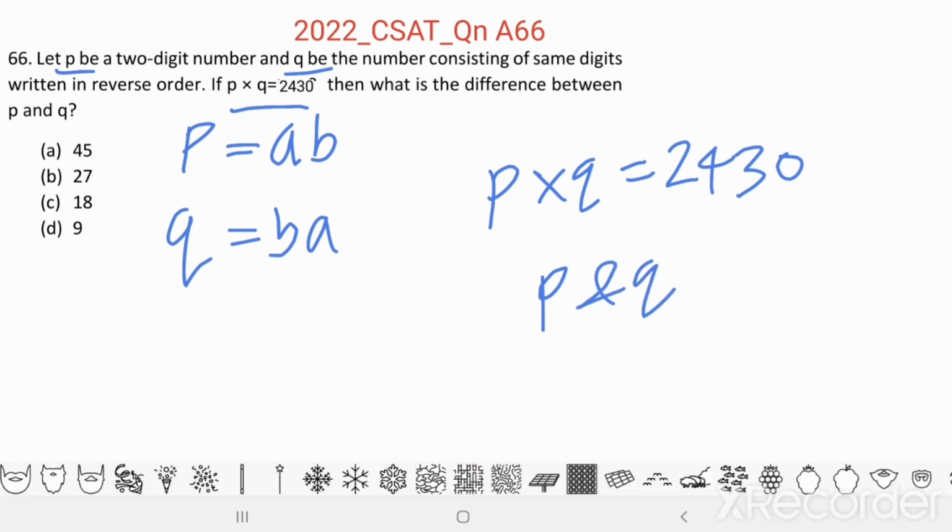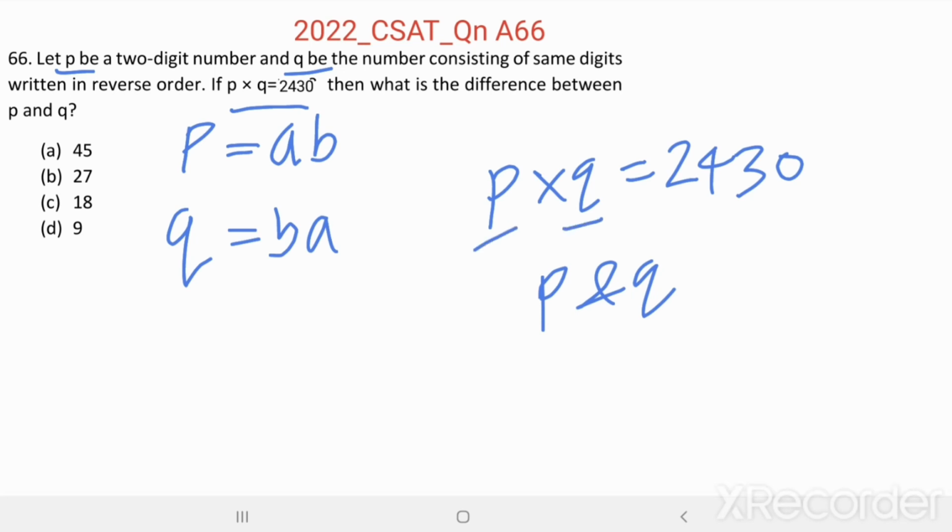Here we need to find the difference between P and Q. For that we need the values of P and Q. P into Q equals 2430 means P and Q are factors of 2430. That means 2430 is exactly divisible by both P and Q. Then in P into Q we are getting units place digit equal to 0.